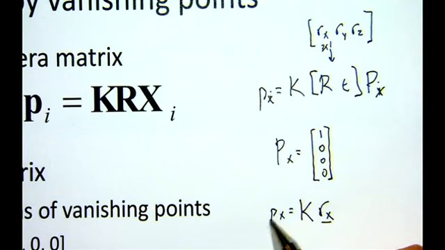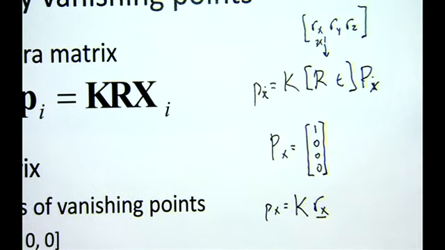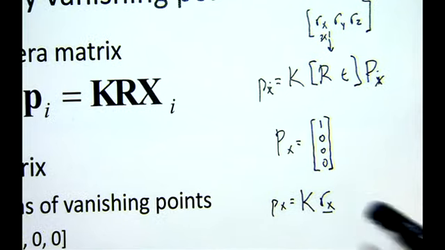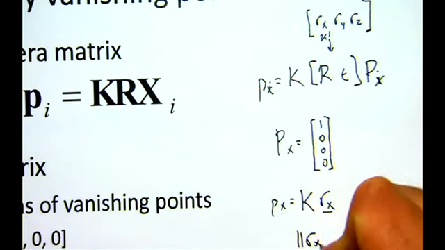Little p has 2 values, so this gives me equations in terms of Uw, Vw, and W. So I've got 2 knowns for p and 3 unknowns for Rx, except that, remember, the length of Rx is equal to 1.